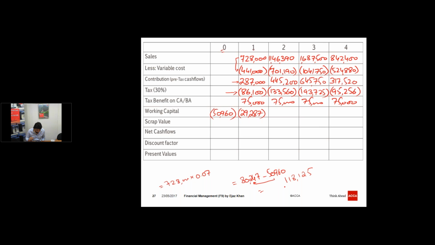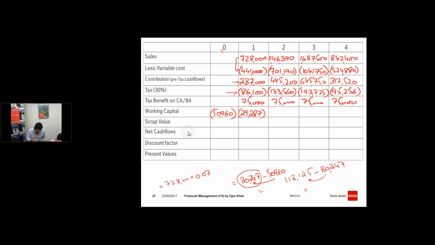Is it correct? Okay. Now we need 118125 for year three operations, and we have already injected 80247 by the end of year one. So the additional amount that we need to induct at the end of year two for year three operations will be 118125 minus 80247. So it will again be an additional amount.